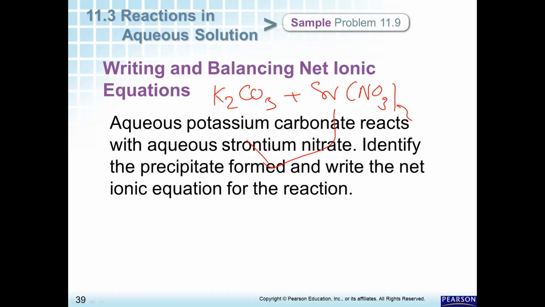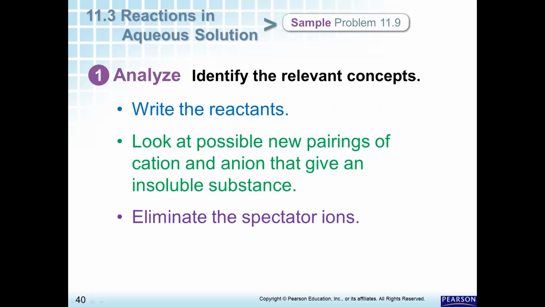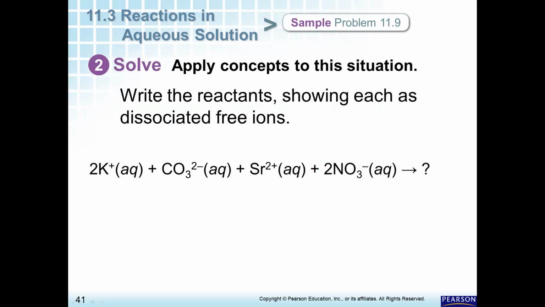Then the products that we are expecting from these two will be strontium carbonate plus potassium nitrate. This is definitely soluble because of the nitrate and because of the potassium, and this is a precipitate because of the carbonate. Okay, so the answer will be, look for this, do that.